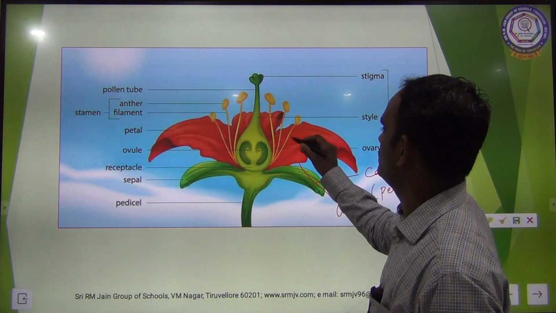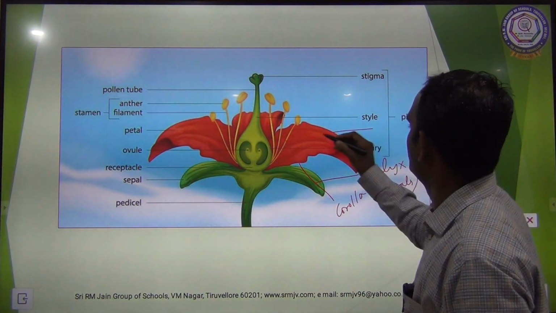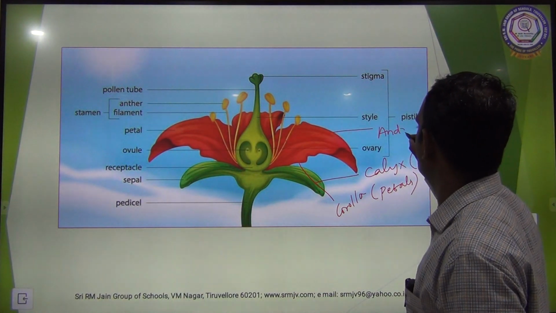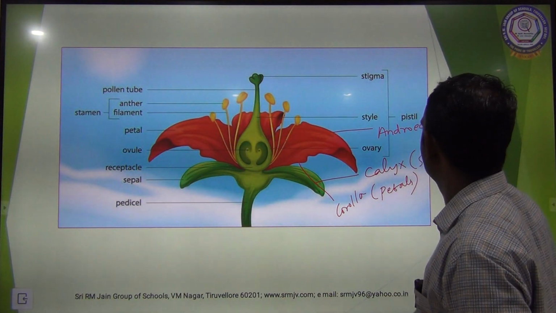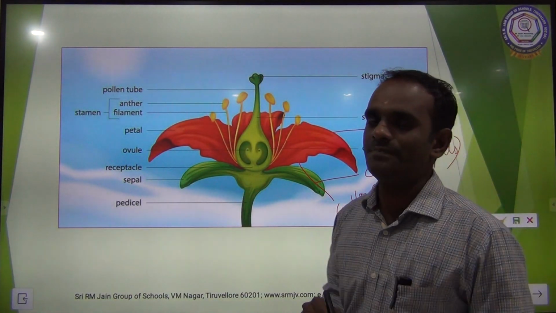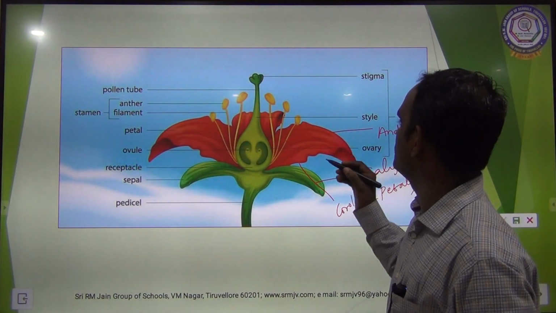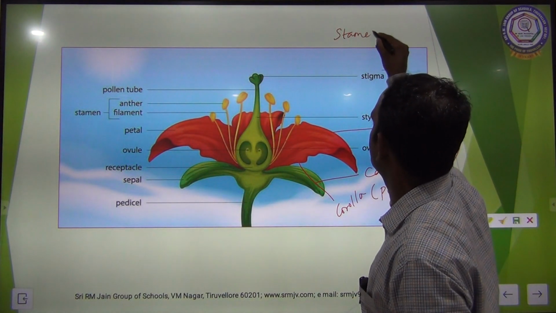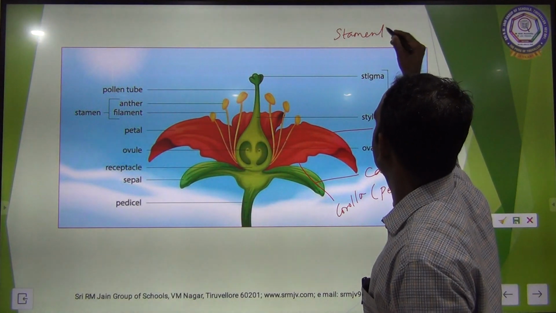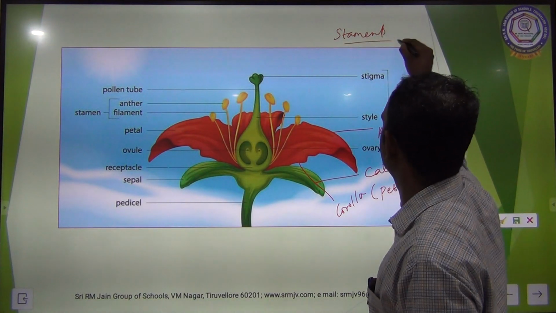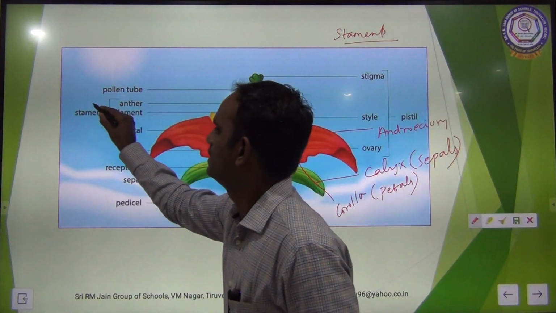The next one, the third whorl, is called androecium, the male part of the flower. It consists of stamens. See here, stamen.